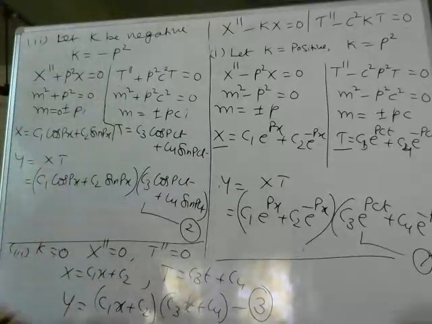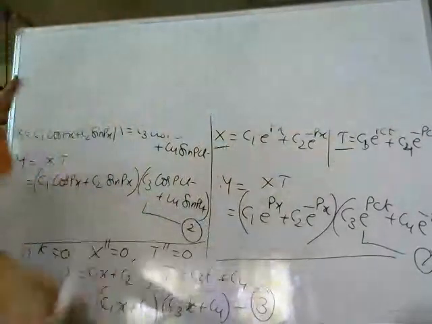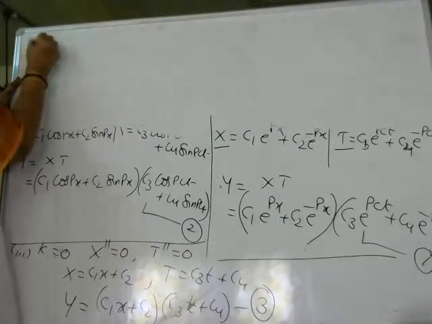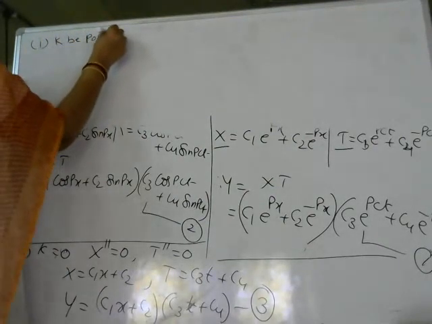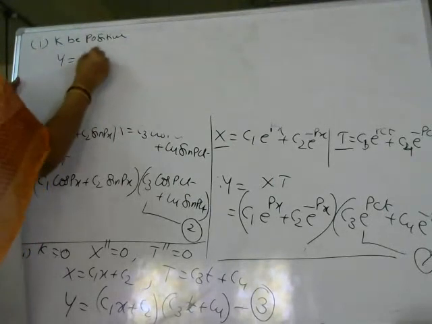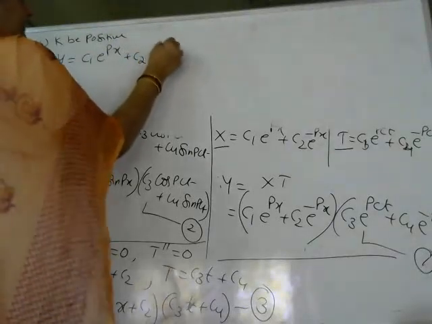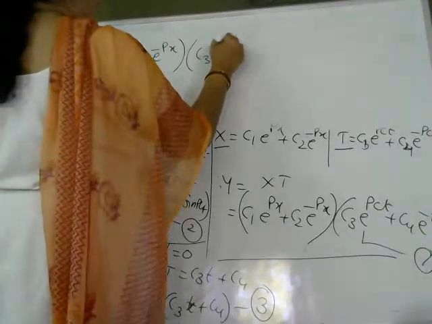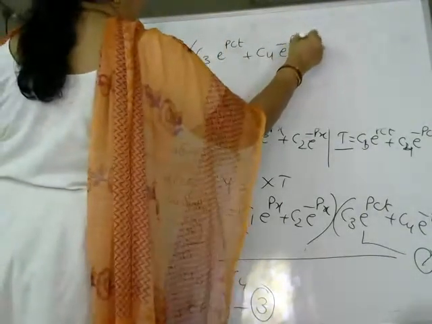So, I'll write down all the three equations together here. The first equation we have for k positive: y is equal to (C1 e to the power of px plus C2 e to the power of minus px) into (C3 e to the power of pct plus C4 e to the power of minus pct).